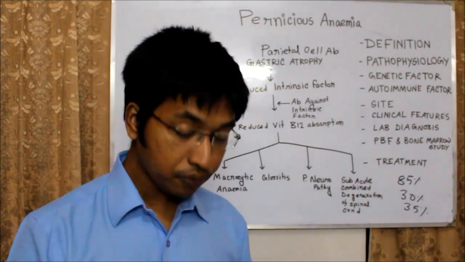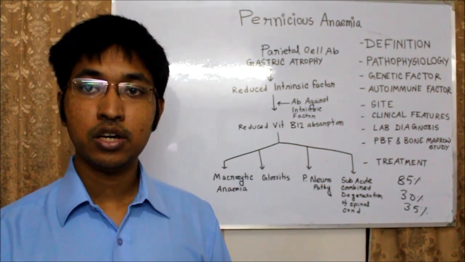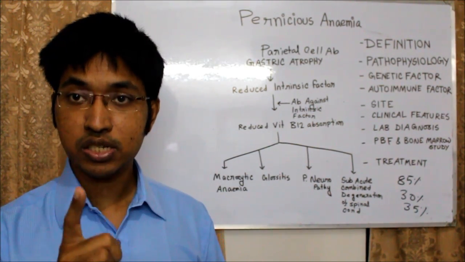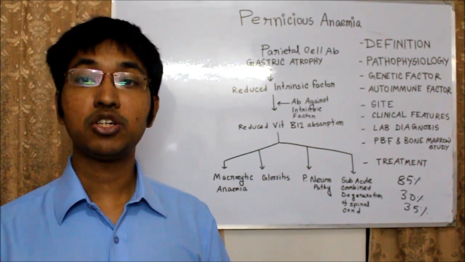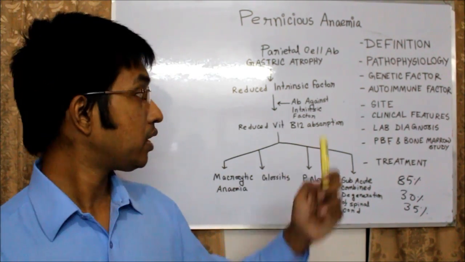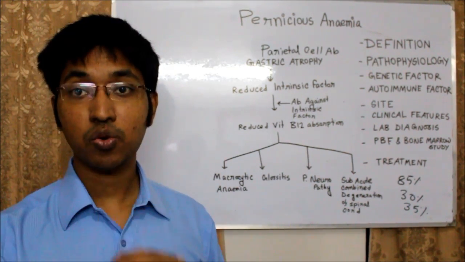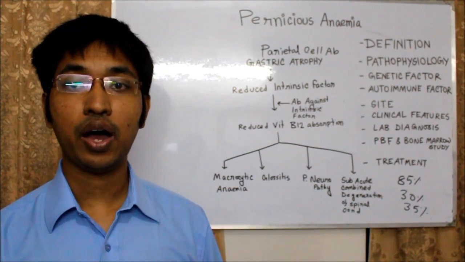And recall, what is the function of the parietal cell? The function of the parietal cell is not only to produce intrinsic factor, which is required for vitamin B12 absorption, but also to produce hydrochloric acid. So these patients will have a decreased amount of hydrochloric acid, and that is known as achlorhydria.